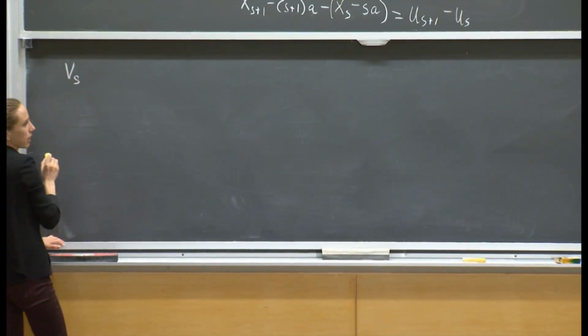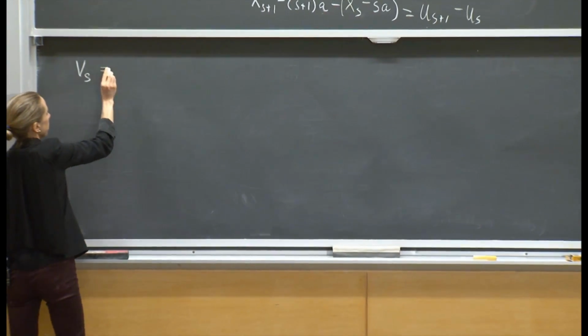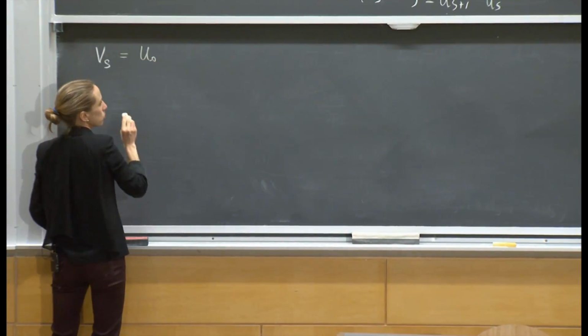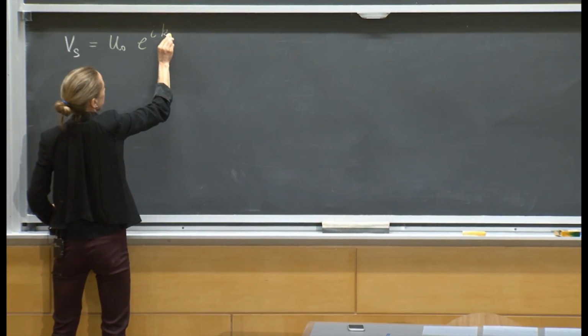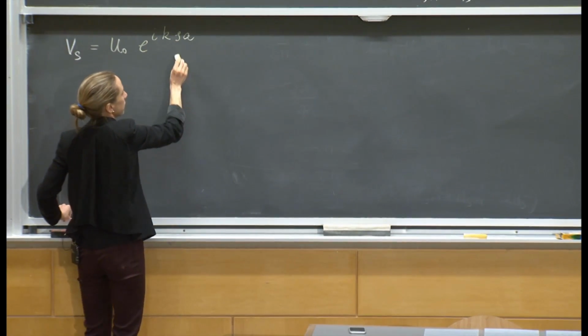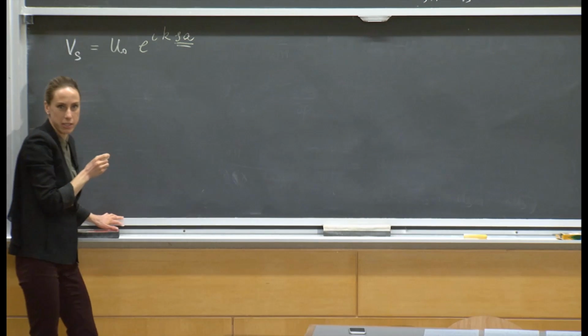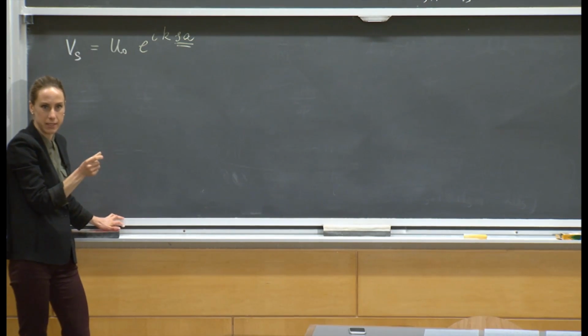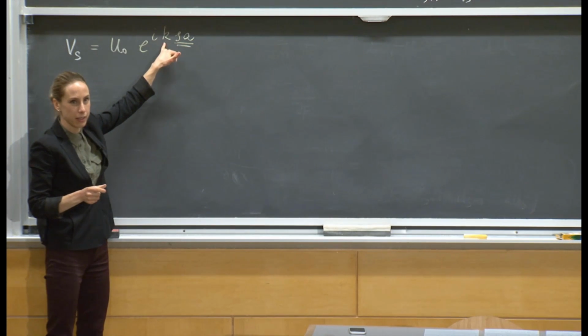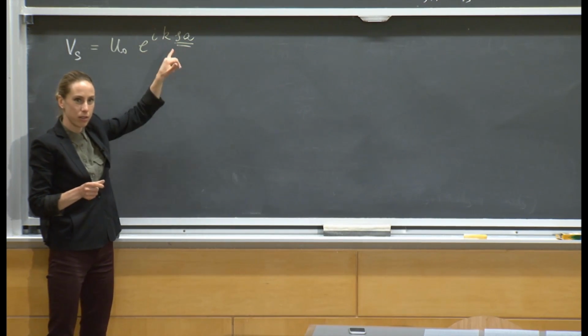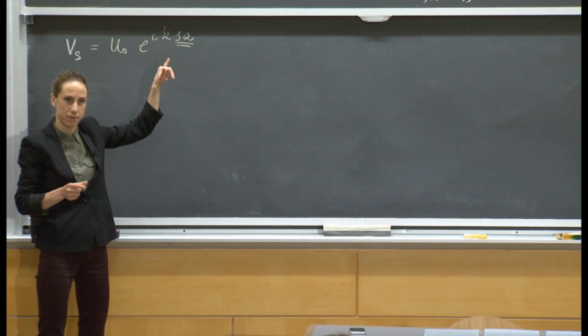I'm proposing that our v_s will be some sort of u naught e to the i k s a. So s a is my discrete variable for space. And k, little k, is going to be the analog of omega, but in space.